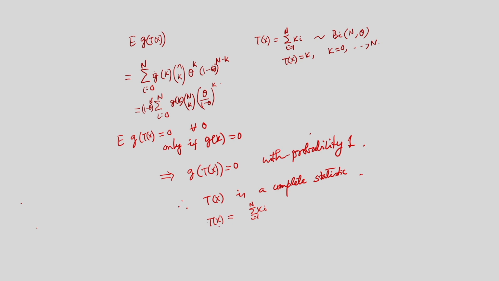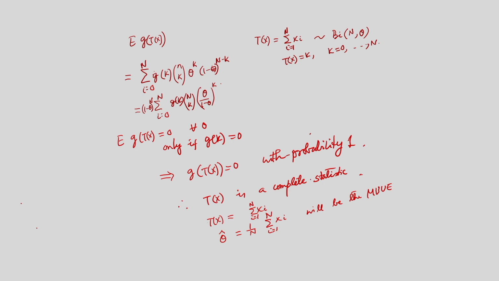Therefore, any unbiased estimator involving Tx will be the MVUE. So, there is only one unbiased estimator involving this Tx. Therefore, theta hat equal to 1 by n summation xi, i going from 1 to n, will be the MVUE.